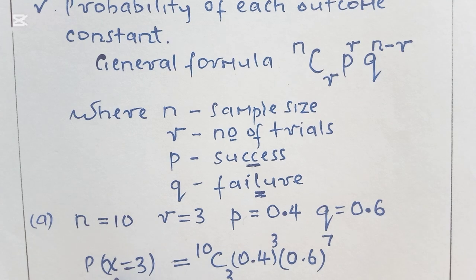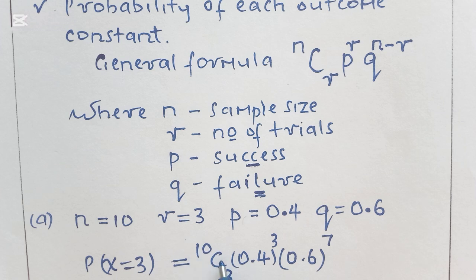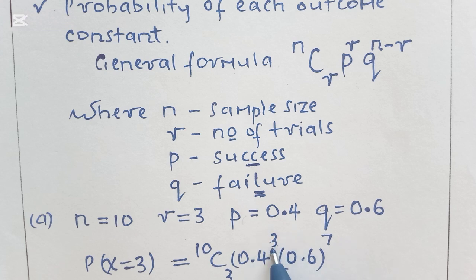So when we say exactly 3 are defective, we shall have 10 combination 3, times 0.4, the probability of being defective, raised to 3, and 0.6 raised to 7, that is 10 minus 3.